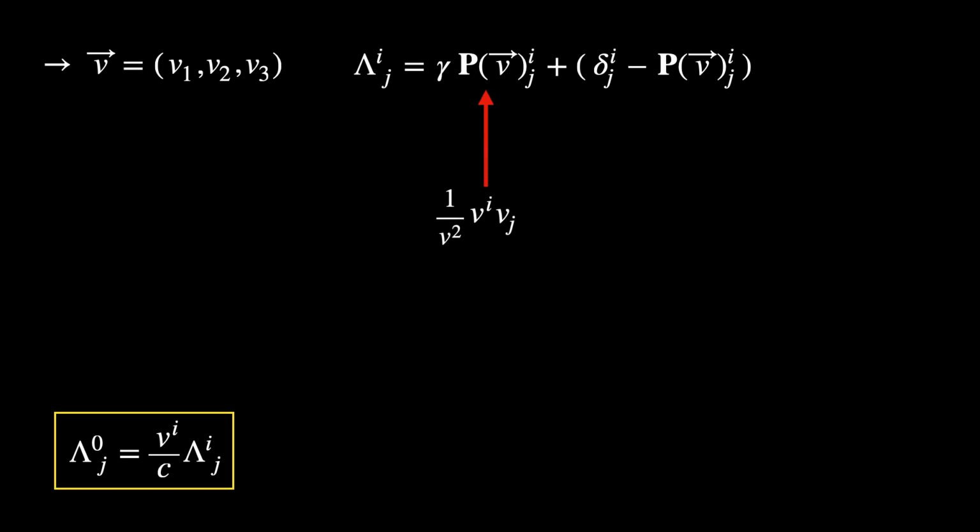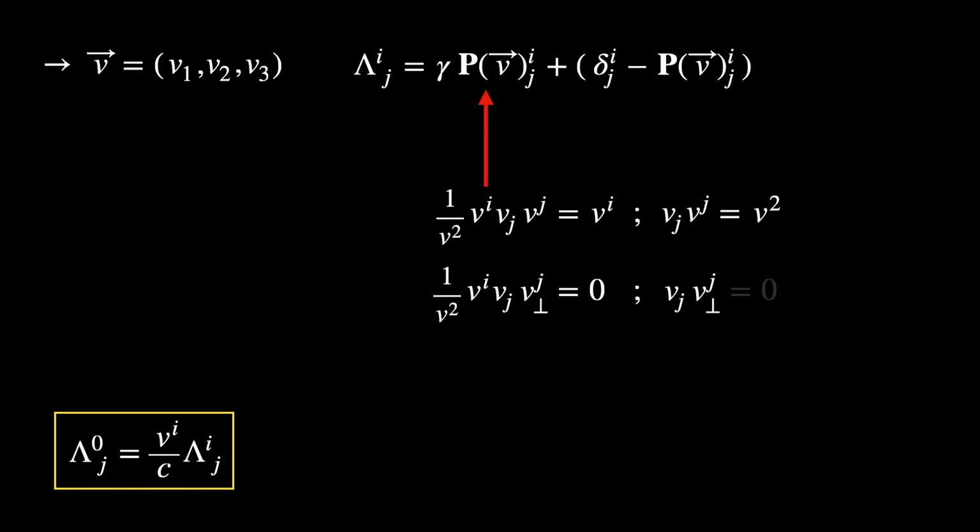As you can see, acting on a vector parallel to V returns the same vector as required, while acting on a vector perpendicular to V gives 0. So this is indeed the required projector.